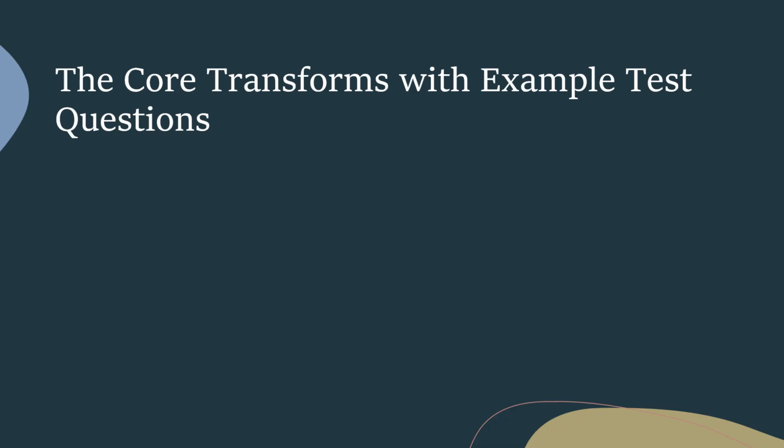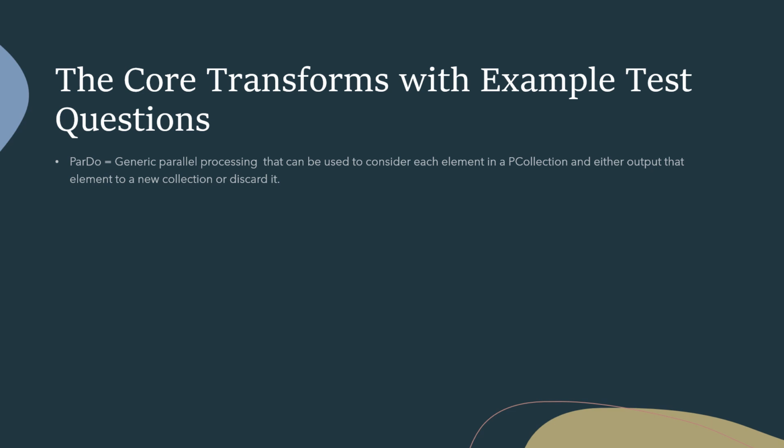We've covered a lot in this video, and it's actually twice as long as the other videos. But some of the transforms had example test questions, so what notes from them might be useful? So the ParDo is a generic parallel processing that can be used to consider each element in a PCollection and either output that element to a new collection or to discard it.